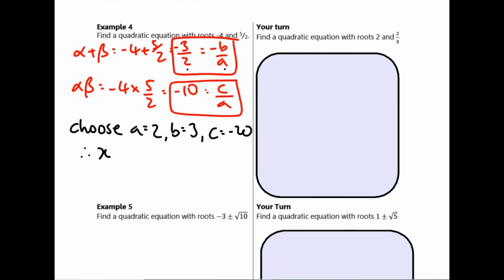This tells me that the original quadratic with roots minus 4 and 5 over 2 is 2x squared plus 3x minus 20. You could solve that in your calculator as a check if you like. I'll reveal the answer to you. Try it in a few seconds if you want to pause the video.